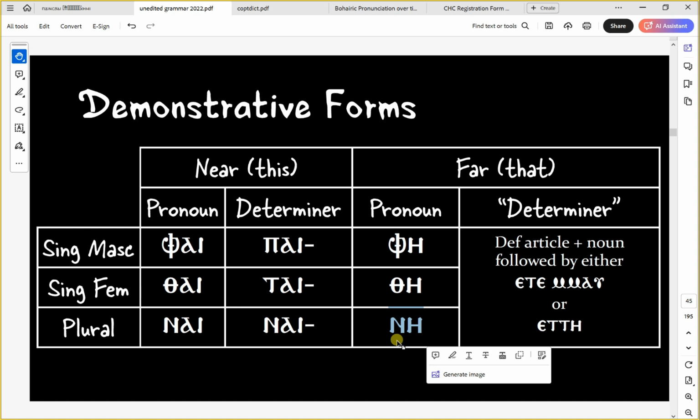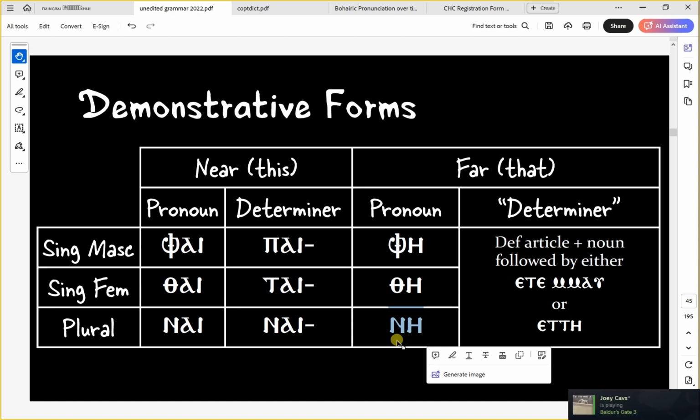Pi oik ete emav, or ete emau, which literally means which is there, right? So it's literally breaking down what the word that means, which is there. So pi oik ete emau means the bread which is there, but you would translate that as that bread.